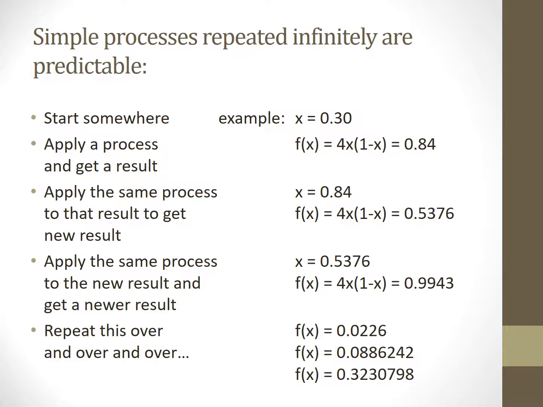Now we're doing, of course, 1, 2, 3, 4, 5. The sixth time through, once we put in the fifth iteration of 0.0886242, that then will come out 0.3230798. So each of these steps is an iteration.